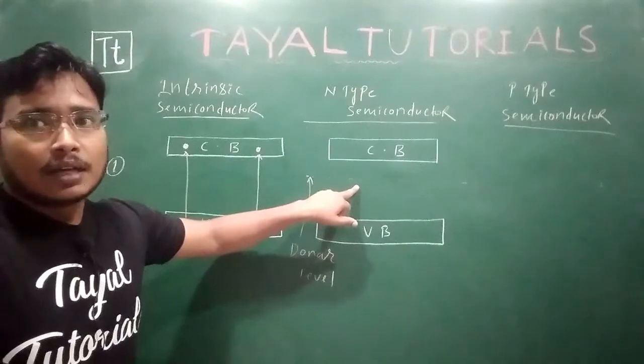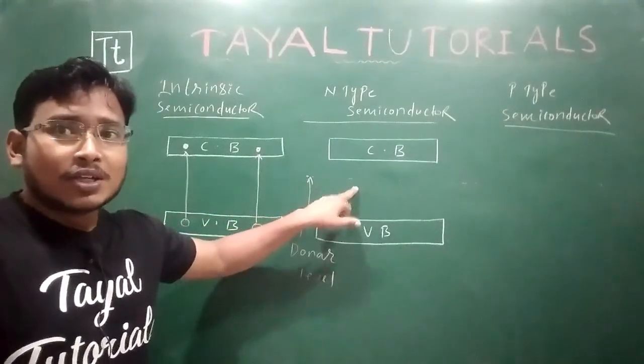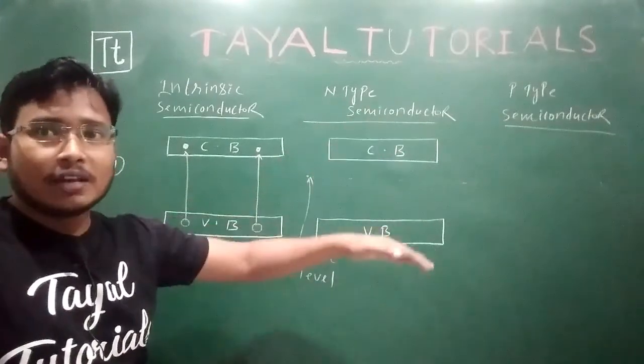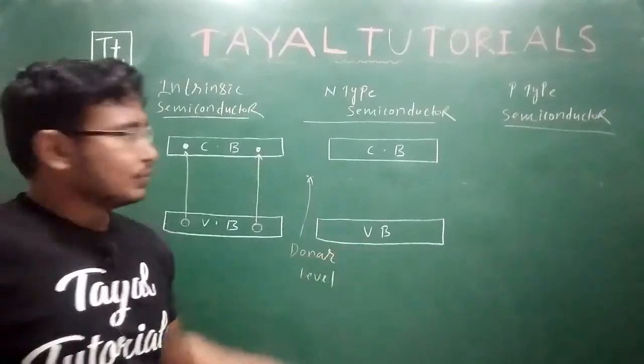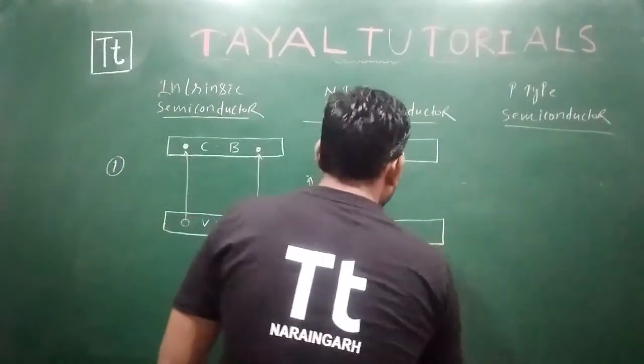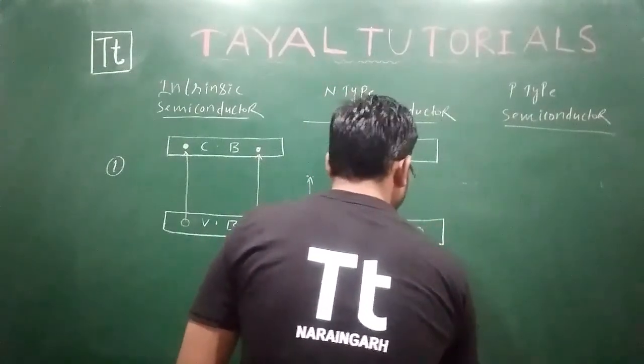There is a possibility of getting an electron to the conduction band from this valence band or this donor level. What is happening in n type of semiconductor, we will add that pentavalent impurity. So an extra electron can go to the conduction band from that donor level or from the valence band. Let's show here, this is the absence of an electron I am showing, that is a hole.